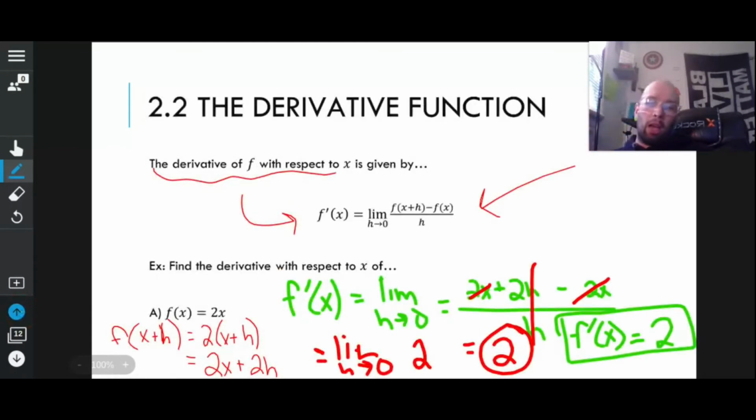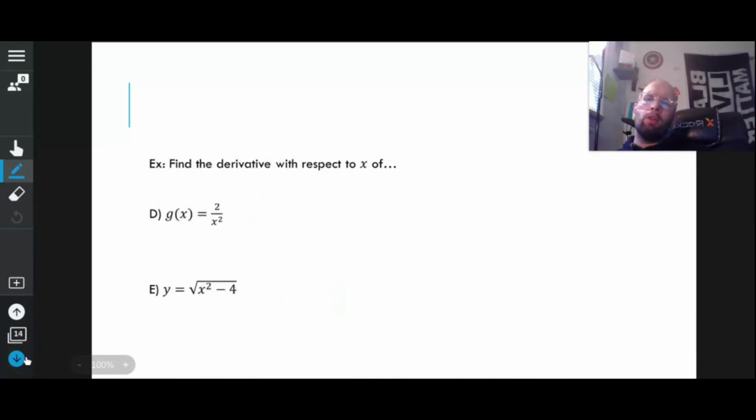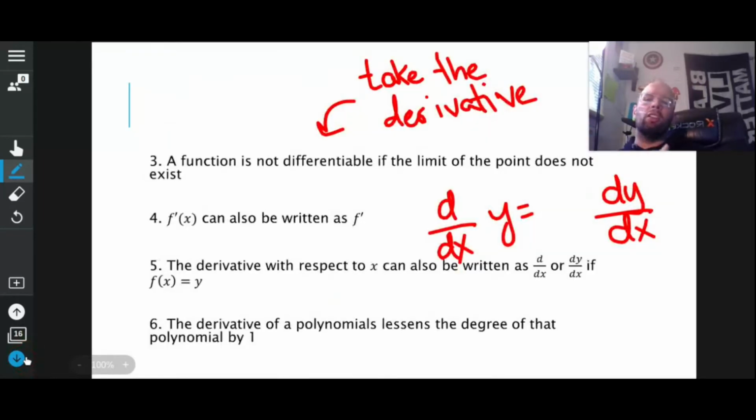Going back to this one, a linear with a degree of 1 turned constant with a degree of 0. If I take the derivative of a polynomial, it knocks its degree down by 1. Cubics turn into quadratics, quintics turn into quartics, linears turn into constants. It drops the polynomial's degree by 1. So those are a bunch of rules that might be useful as we press forward.